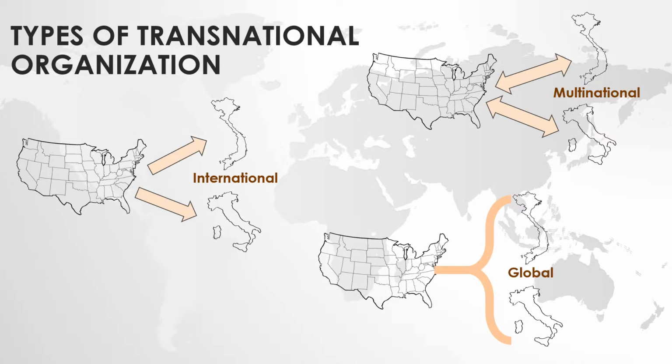A global organization has a physical presence in countries beyond its home country and implements a holistic organizational structure, culture, and strategy that coordinates and maximizes the efforts of the organization across national borders.